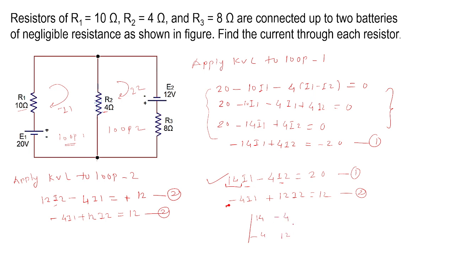Again here you have to write 12. So bracket completed. So here I1 I2 again is equal to the constants. The constants are 20 and 12. So if you solve this, you will get value of I1 and I2. I hope it is clear how to solve this example.